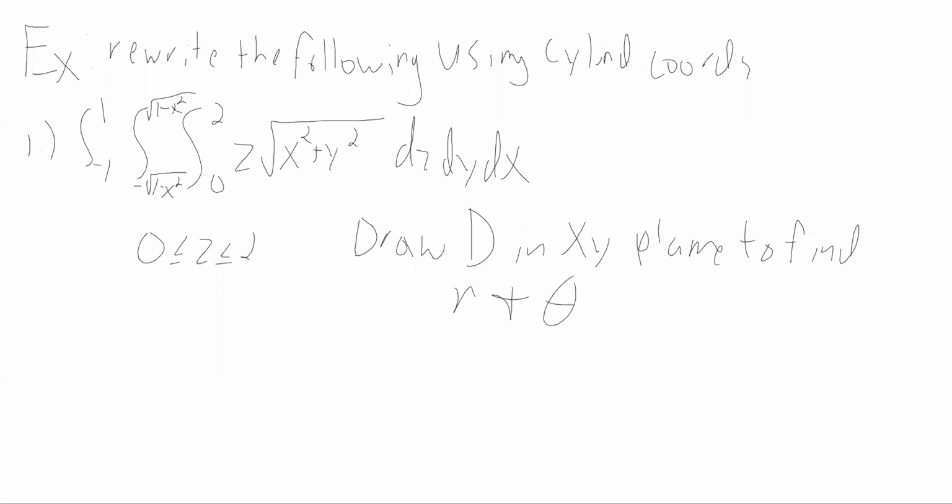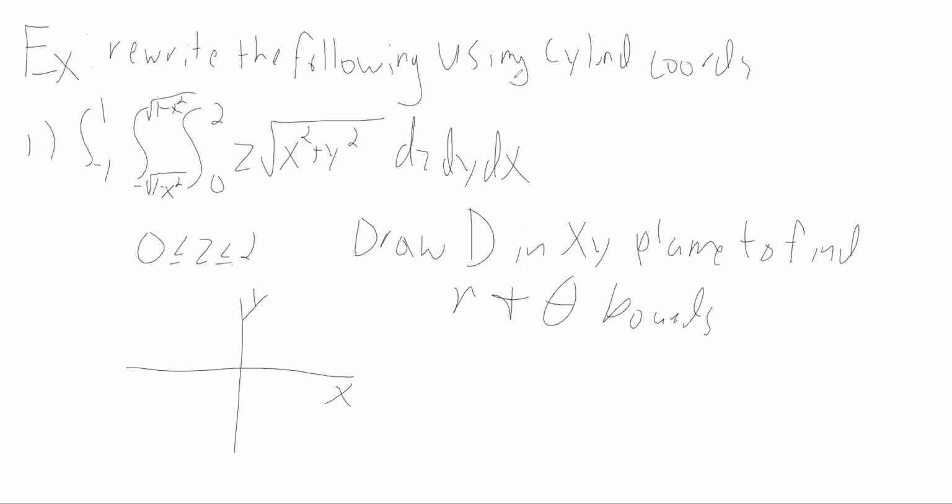So we're going to do that to find the r and theta bounds. Okay, so y goes from negative square root 1 minus x squared to positive square root 1 minus x squared. So y equals negative square root of 1 minus x squared.